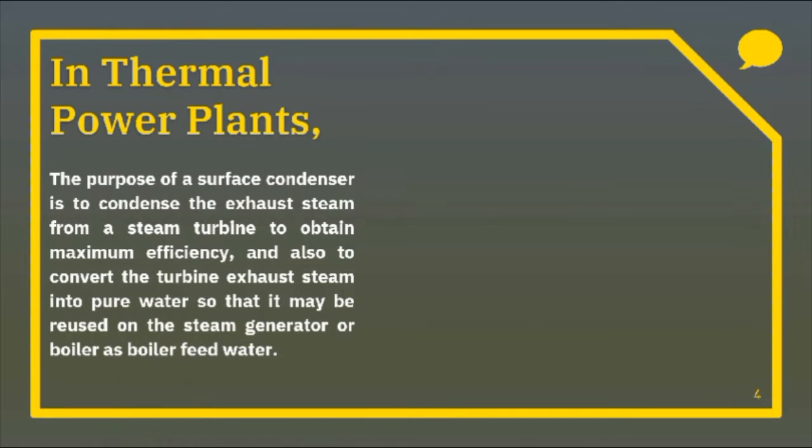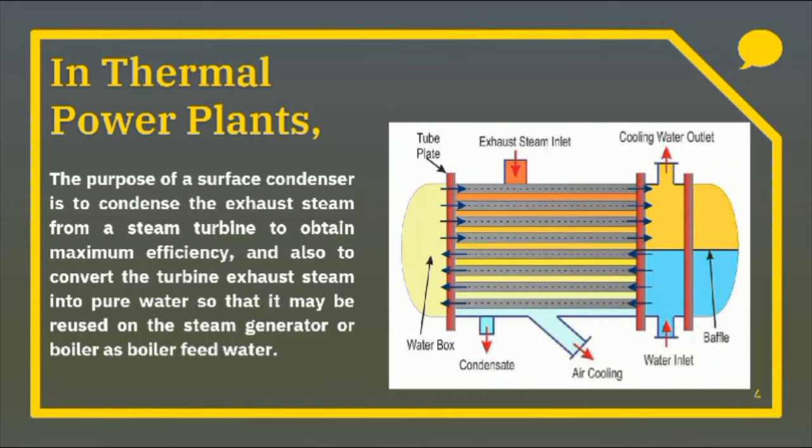In thermal power plants, the purpose of a surface condenser is to condense the exhaust steam from a steam turbine to obtain maximum efficiency, and also to convert the turbine exhaust steam into pure water, so that it may be reused on the steam generator or boiler as boiler feed water.